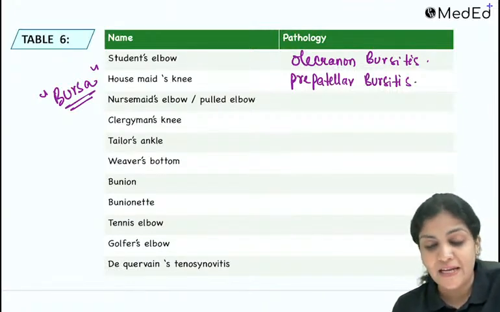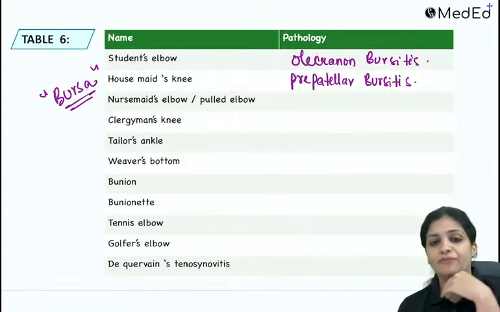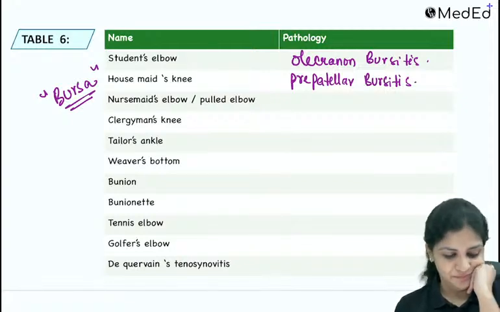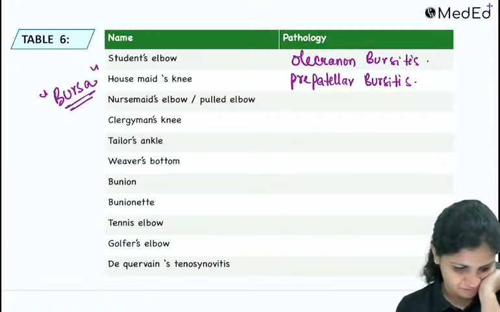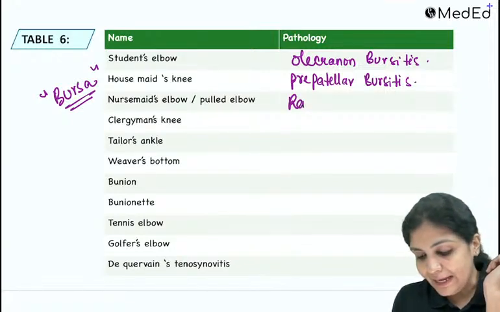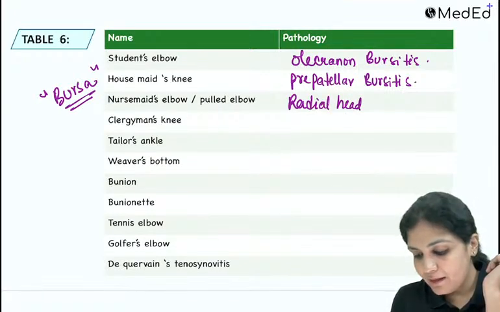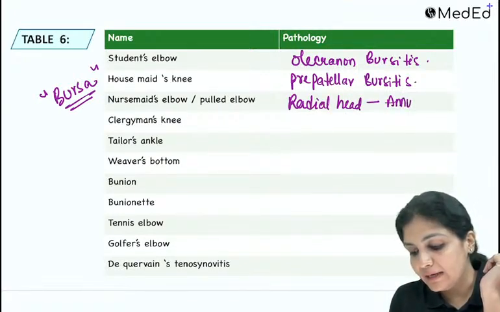What is nursemaid's elbow or pulled elbow? If you see, there is a radial head coming out of the annular ligament.